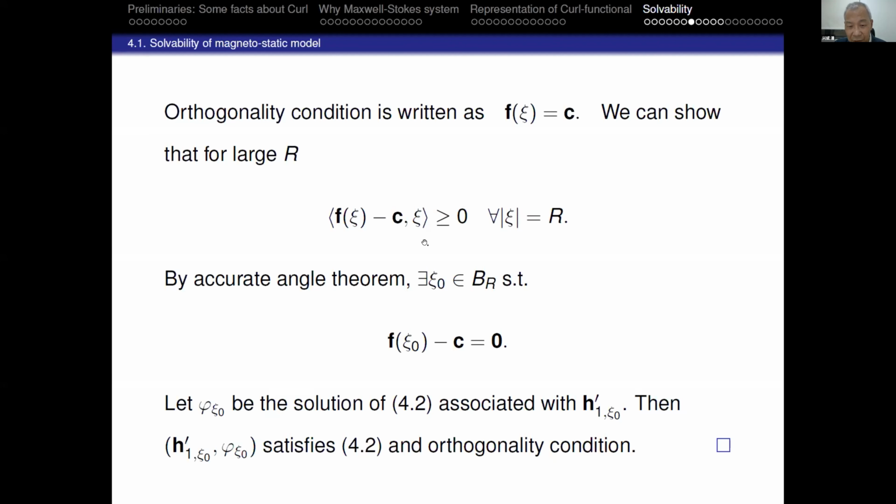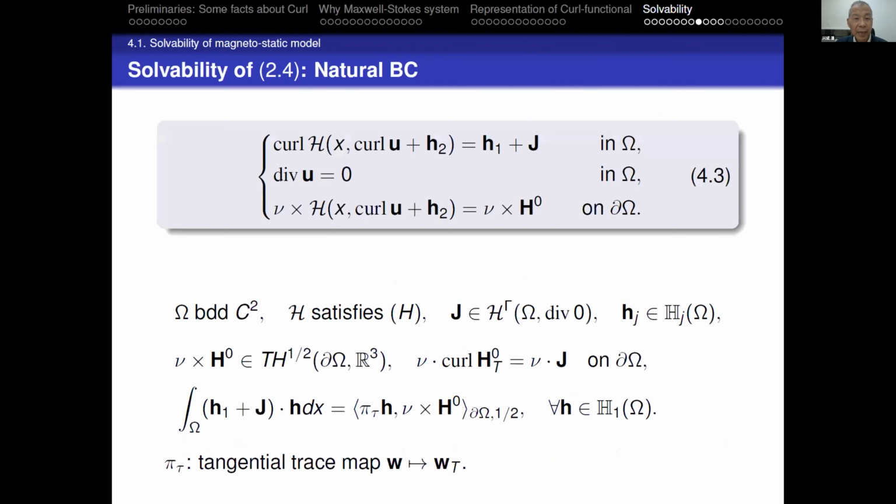If you have this condition, it has a solution inside of the ball. And this solution, xi 0, gives you the H1 vector field and produces the phi xi, which satisfies the equation as well as the orthogonality condition. And then it gives you the solution V. Okay. Next, we can also consider the problem with natural boundary condition, kind of Neumann.